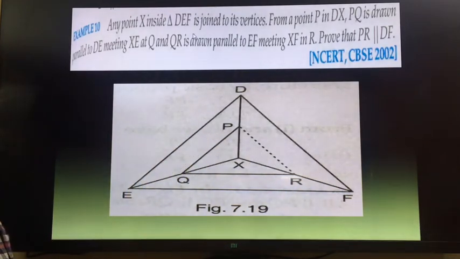So here we will check if the ratio is equal, then we will say the line will be parallel, and if the line is parallel, then the ratio will be equal.